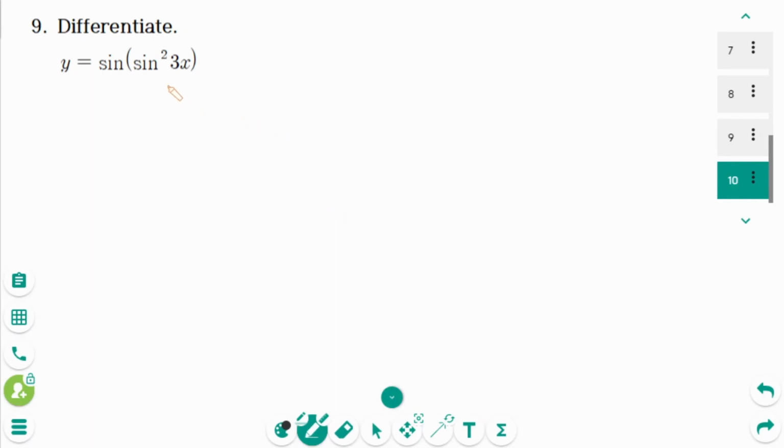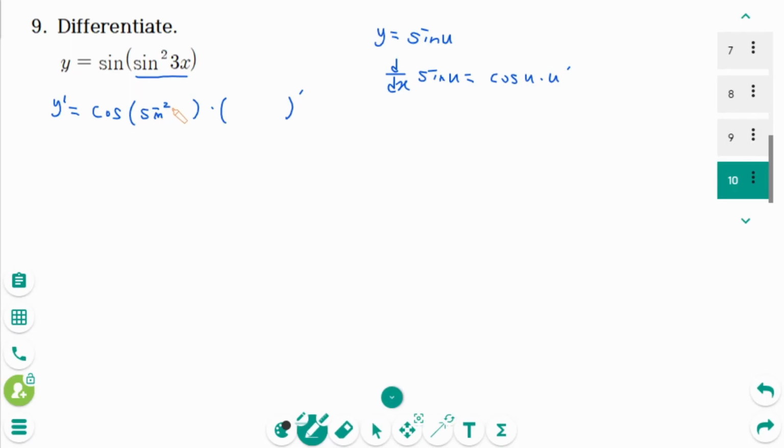Think of it as u equals sine squared 3x. If y equals sine u, then d/dx of sine u equals cosine u times u prime. So y prime equals cosine u times u prime. The inner function is sine squared 3x.